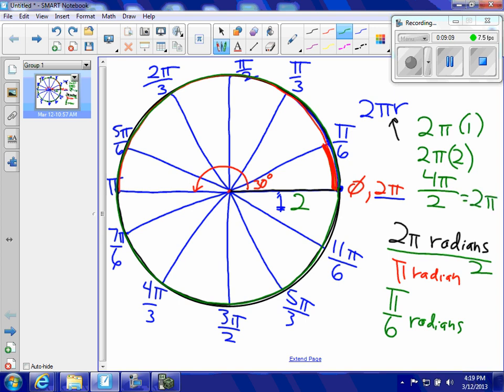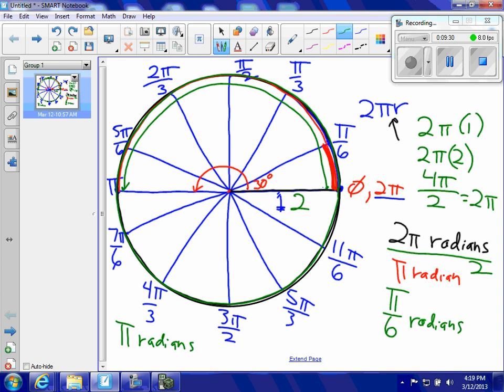Similarly, from this spot over here, around the circle, to that spot over there, even though it's a longer distance if my radius is 2, it's still pi radians.